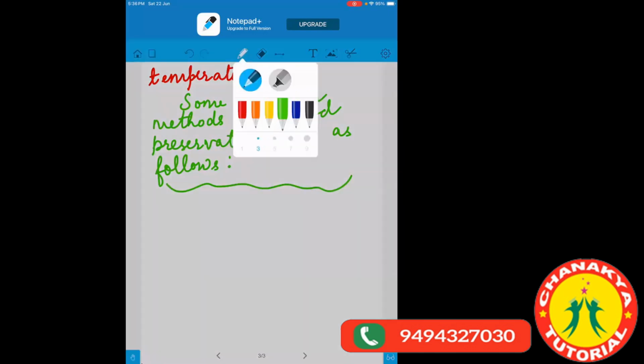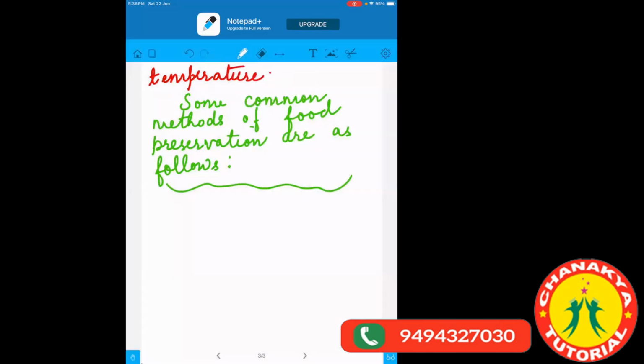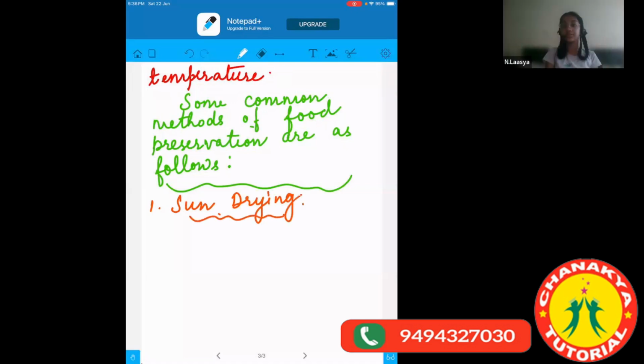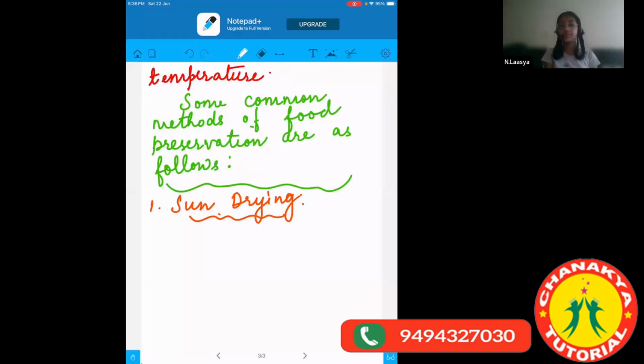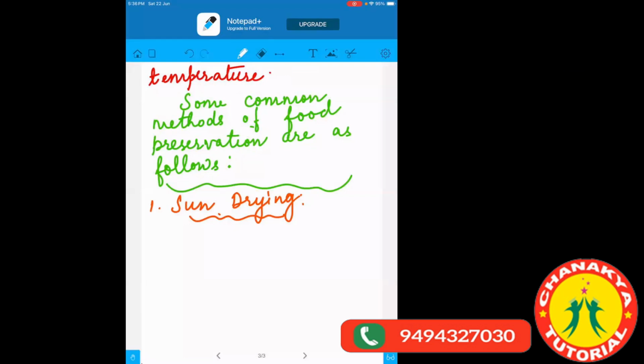The first one is sun drying. If we have anything which is wet, we make it dry and then we store it. Like you might have seen the wheat seeds. When our mothers wash the wheat seeds, we have to dry them. Without drying, we cannot store it. So this is the first and very traditional method of food preservation.